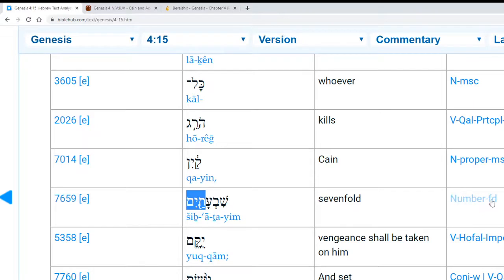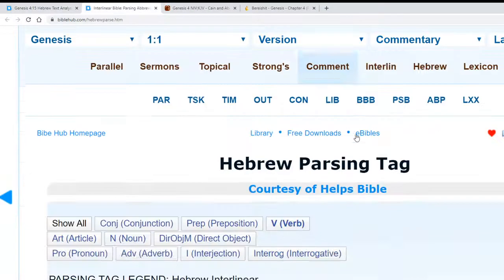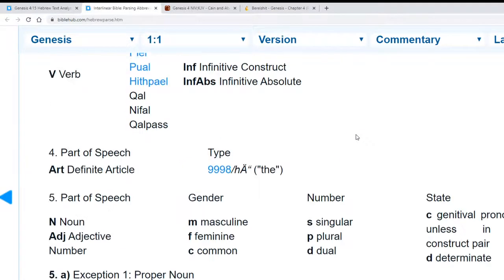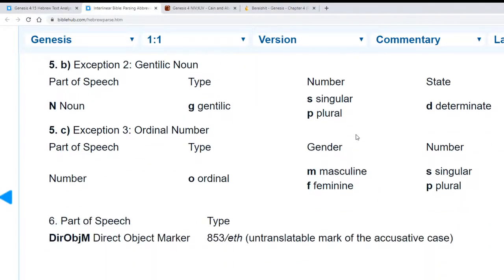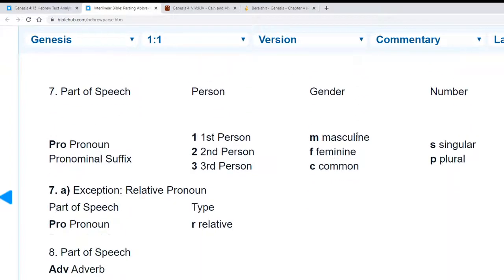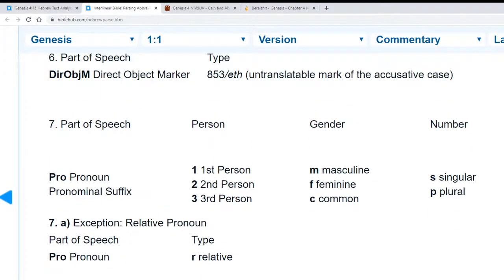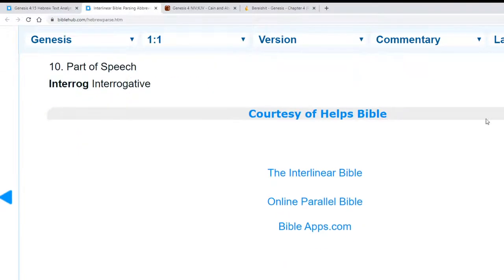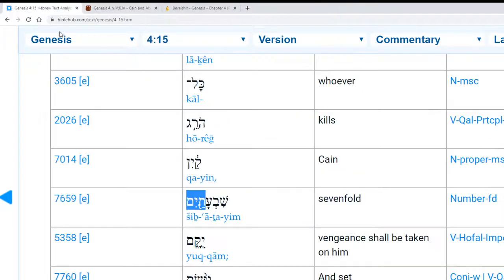I'm not sure what they mean by FD in the morphology here, but shivatayim, number FD, fold maybe, I guess. But we have this in Hebrew.